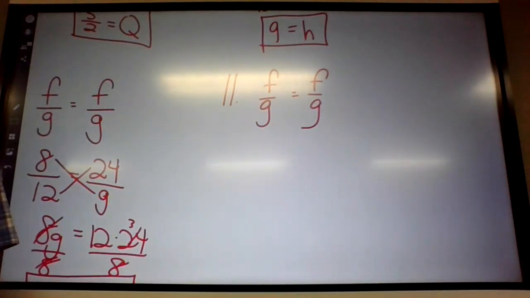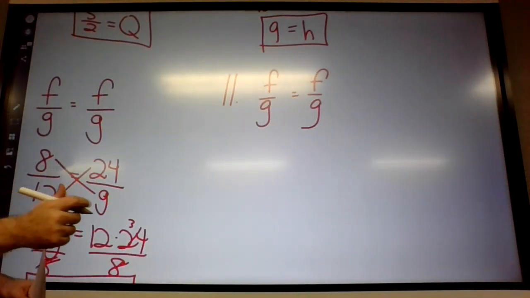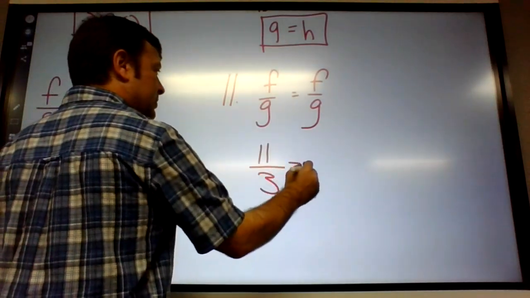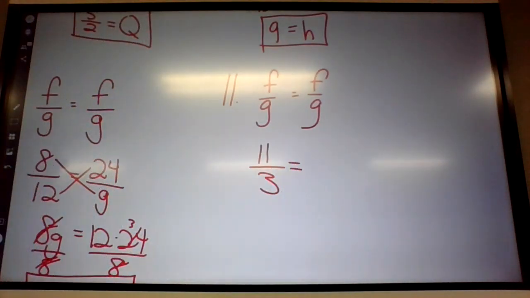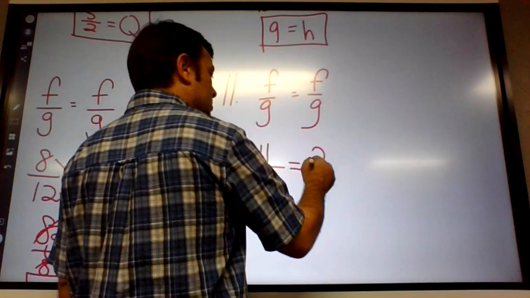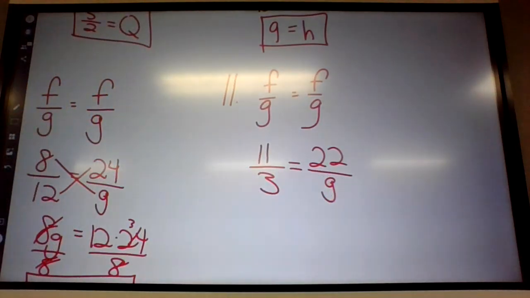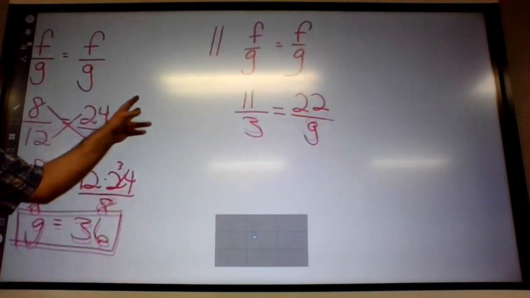Okay. It says when F equals 11, G is 3. Find G when F is 22. 11G equals 22 times 3.